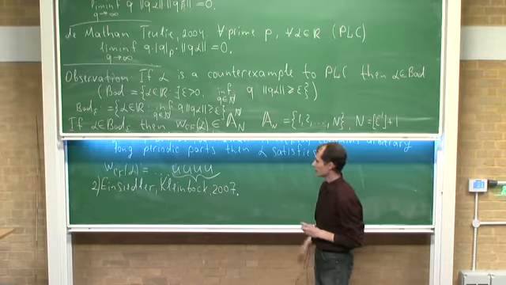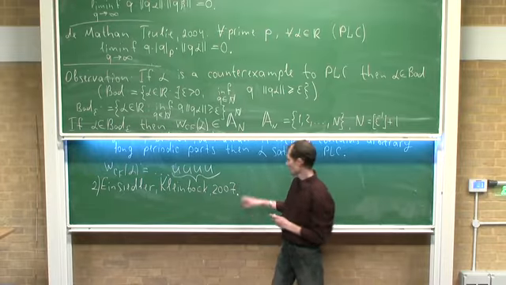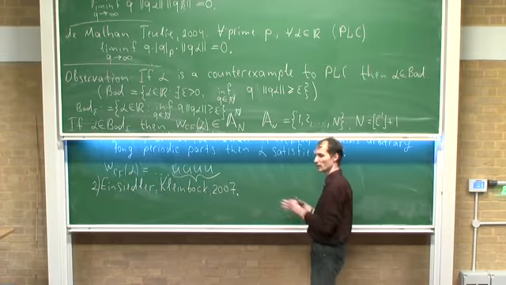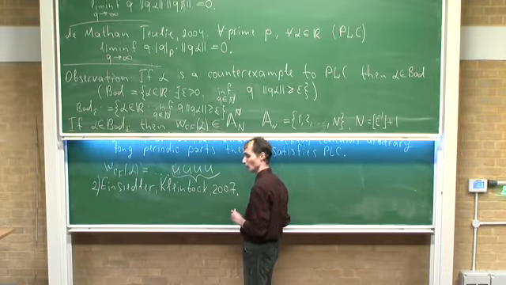But they actually considered a slightly more generalized version of the periodic conjecture, and I want to write it down. Sometimes when you make things more general, it makes the proof easier.